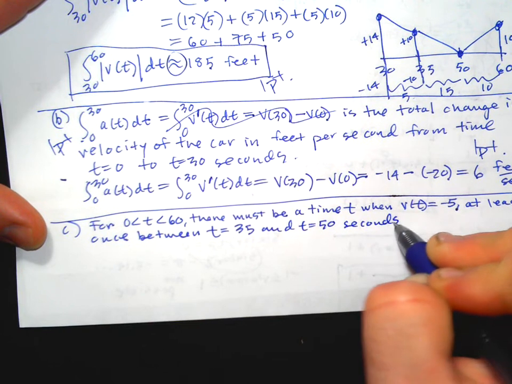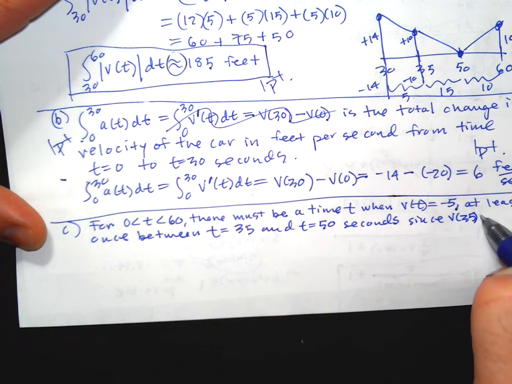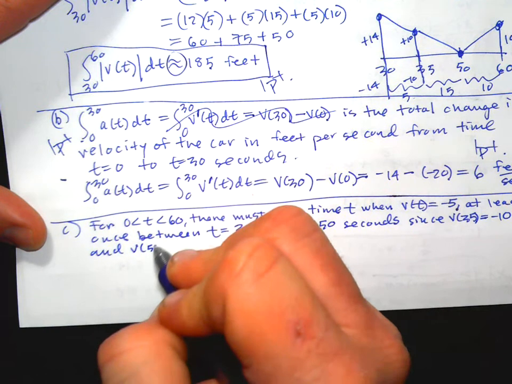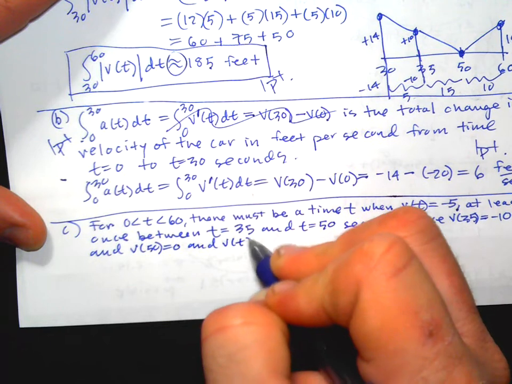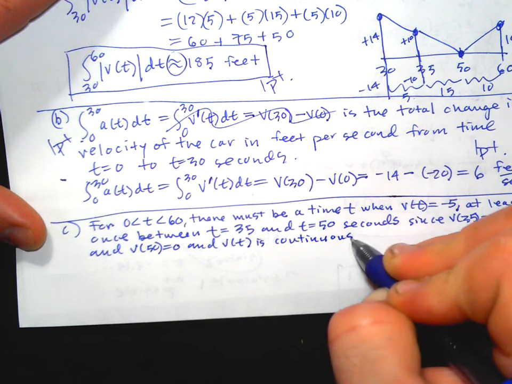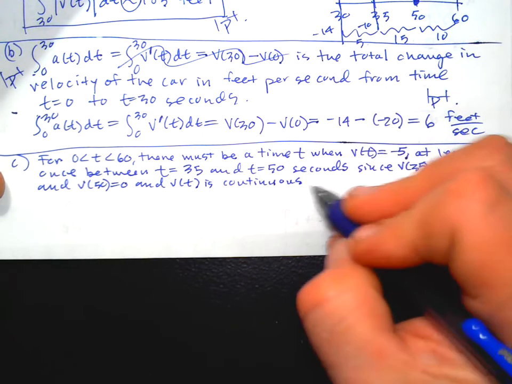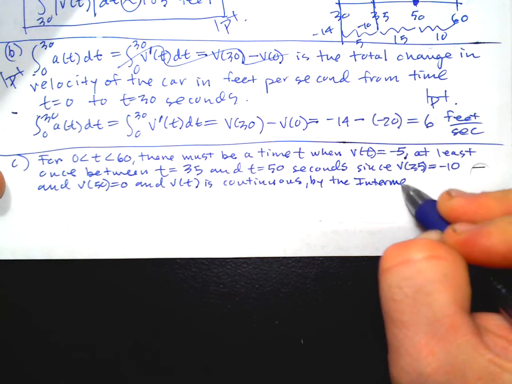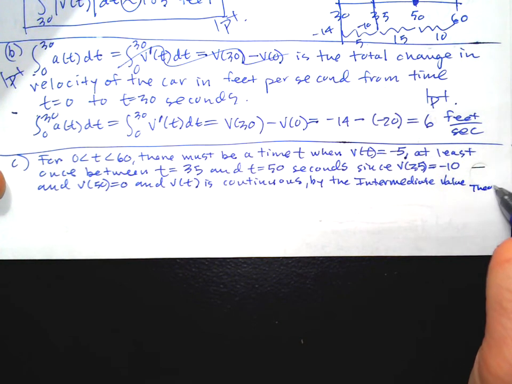So we're identifying where it's at. Since V35 equals negative 10 and V50 equals 0 and V(t) is continuous, you guys state the requirements to apply this idea by the intermediate value theorem. Intermediate value theorem. Do not give me initials.